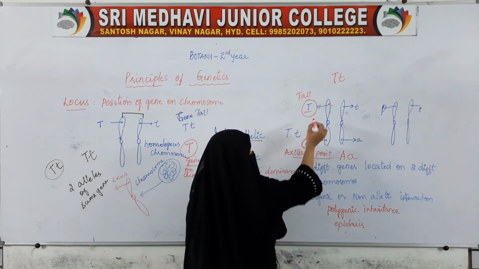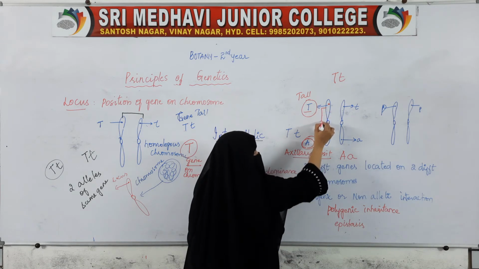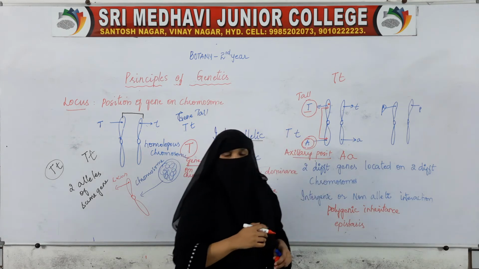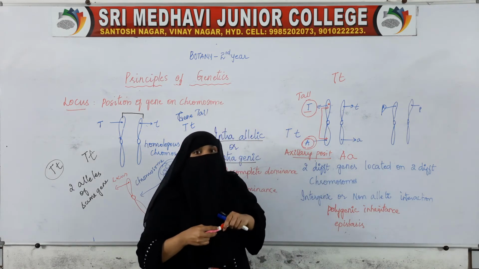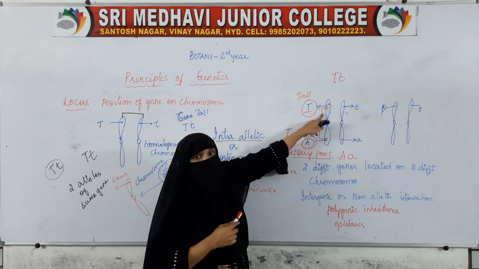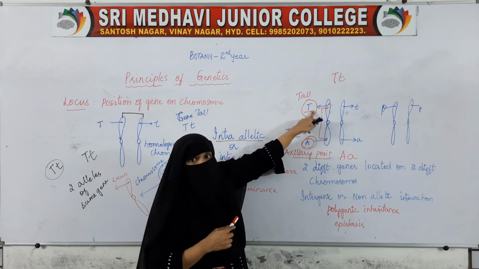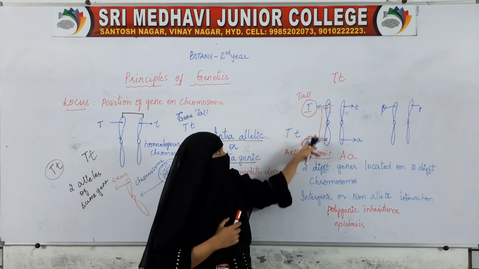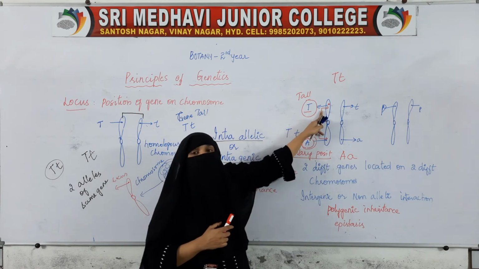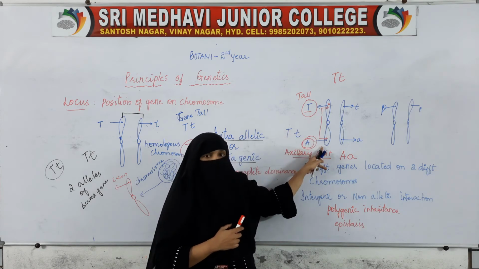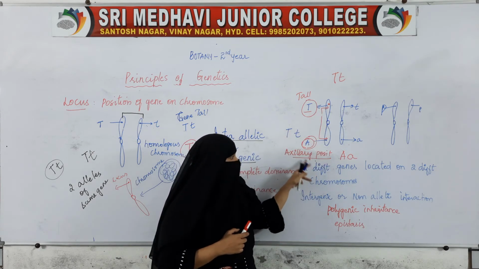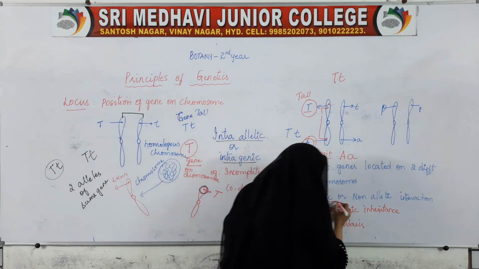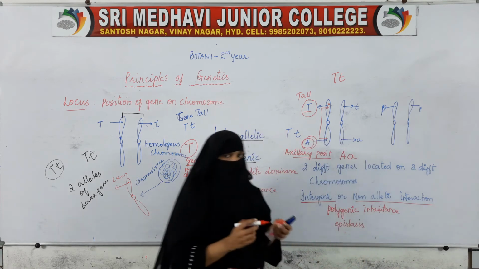Now if there is interaction between two alleles of two different genes, this one gene for tallness and this one gene for axillary position, then this type of interaction is called as intergenic or non-allelic interaction.